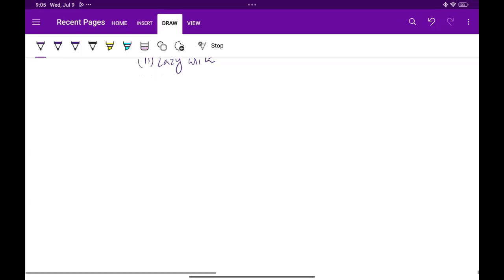Next, the main goal of lazy writer is to free up memory by writing the least recently used dirty pages to the disk, and it doesn't have any goal to support recovery, like whatever checkpoint is doing.